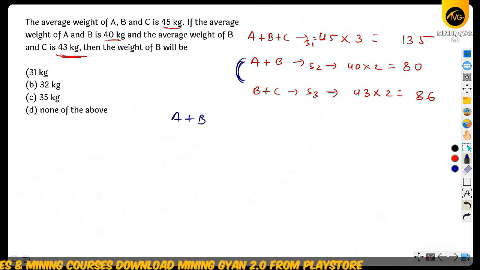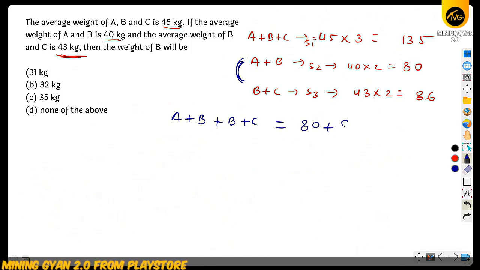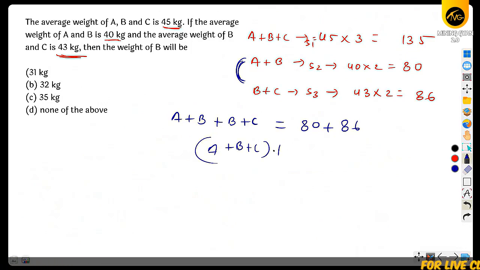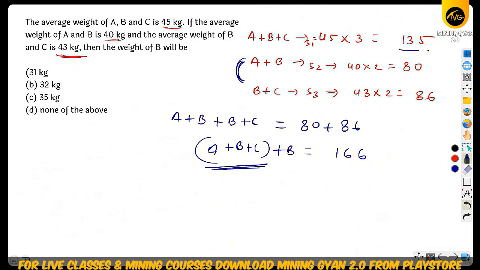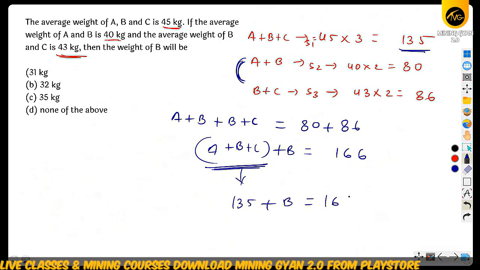So A plus B plus B plus C is equal to 80 plus 86. It will be 166. Now we already have the average weights of A, B and C, that is 135. You can replace A plus B plus C by 135, so 135 plus B is equal to 166.